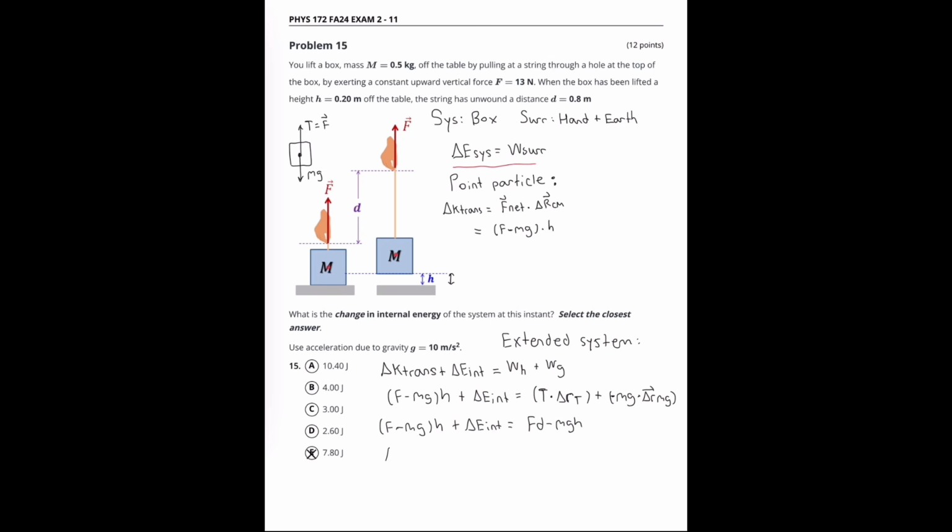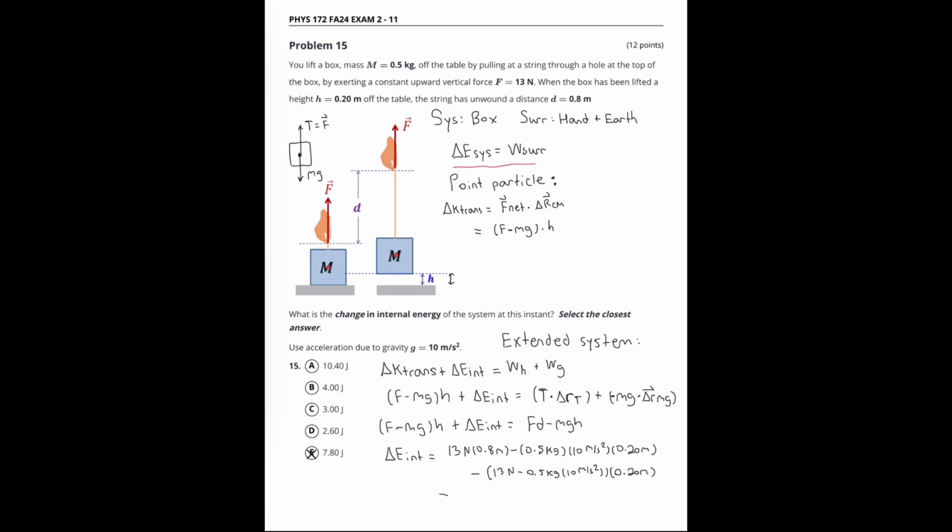And further, we can simplify that, so we have the change in internal energy is equal to 13 newtons times 0.8 meters minus the mass, 0.5 kg, times gravity, 10 meters per second squared, times the height of 0.20 meters, and subtract that from 13 newtons minus mass times gravity times our height of 0.20 meters.